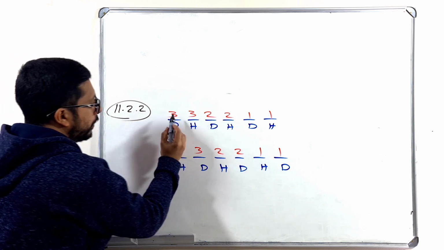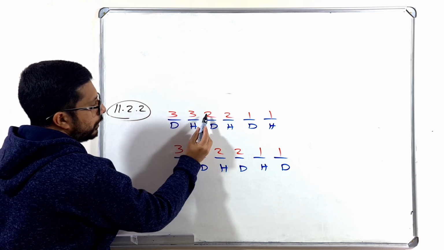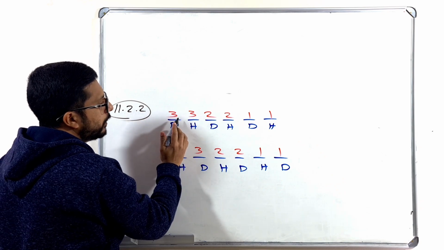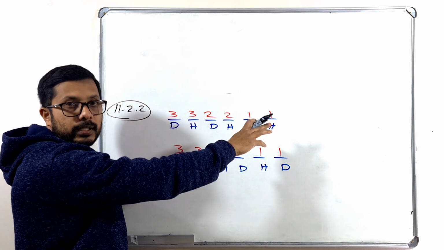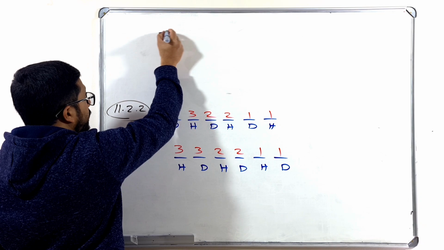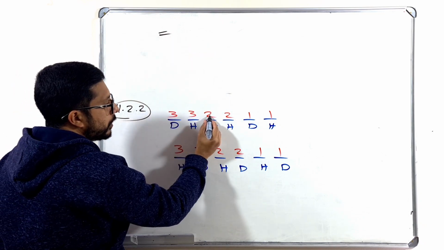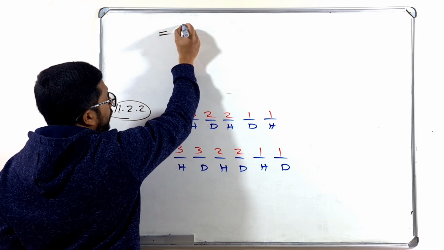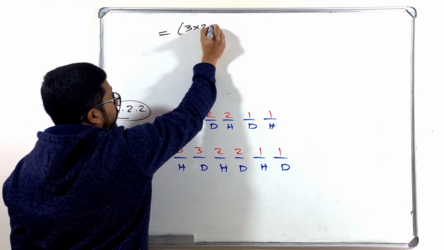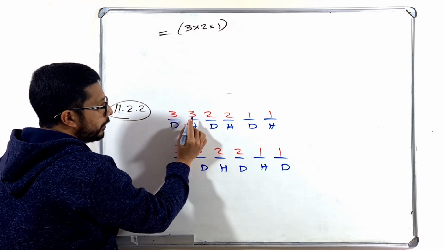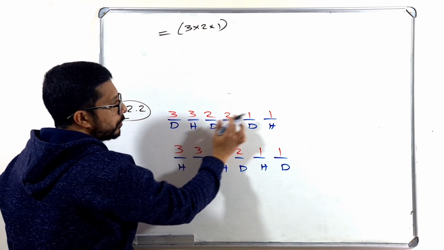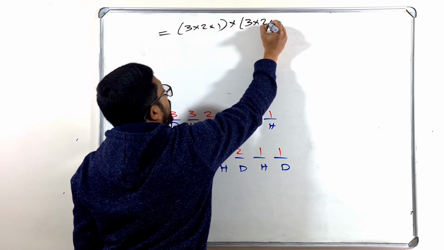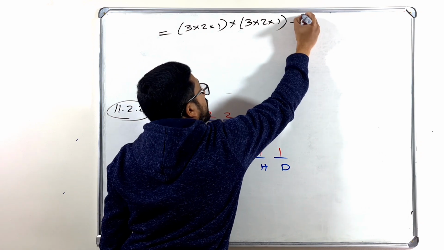Now look at this one. You are supposed to multiply this. Actually we can write it like this; there is no problem, you just multiply and you will get the same answer. 3 times 2 times 1 for the diamonds, times 3 times 2 times 1 for the hearts, plus.